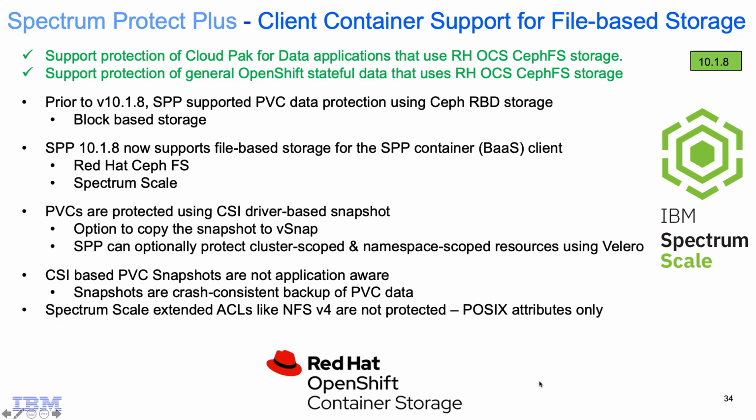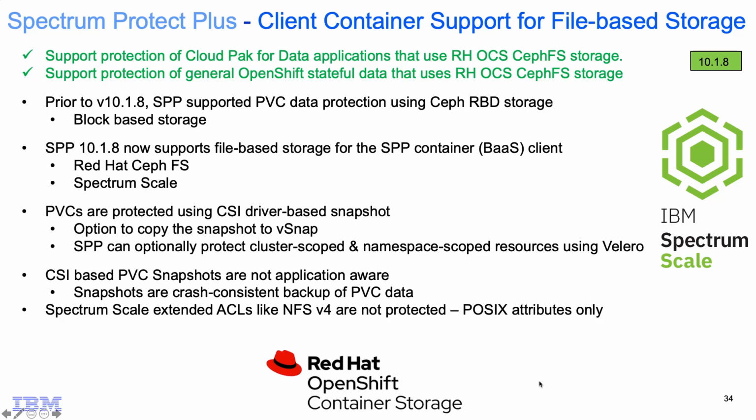Beginning in version 10.1.8, we are now going to support additional types of storage, including file-based storage for data protection operations. Those include Red Hat CephFS and also Spectrum Scale.